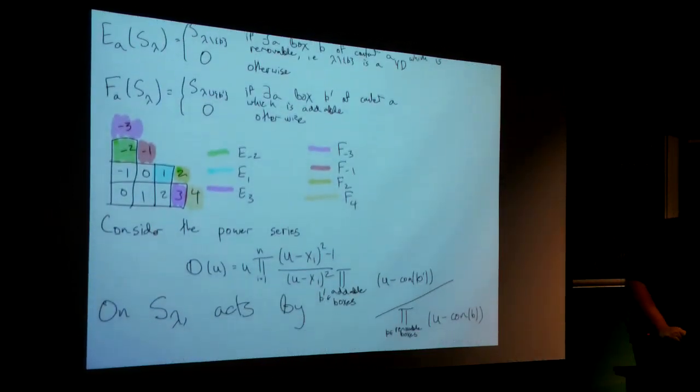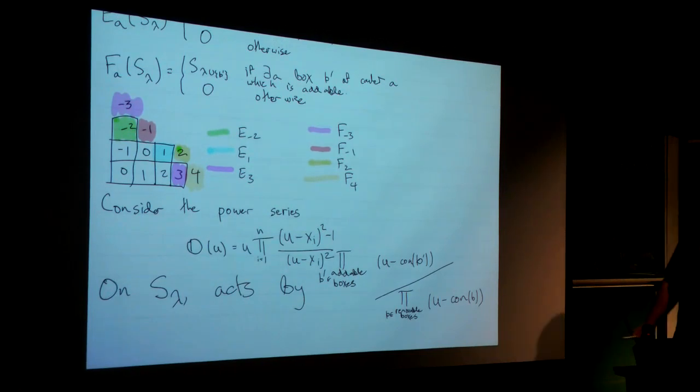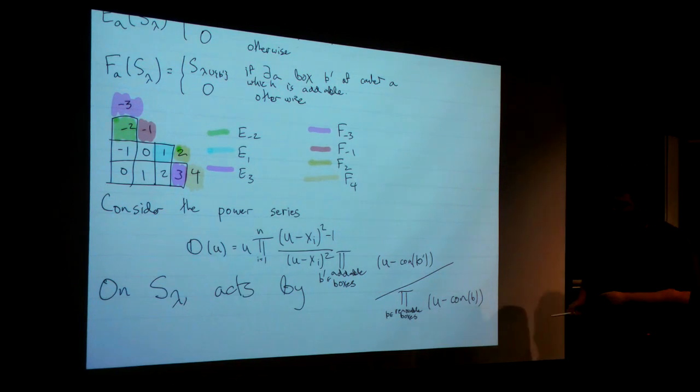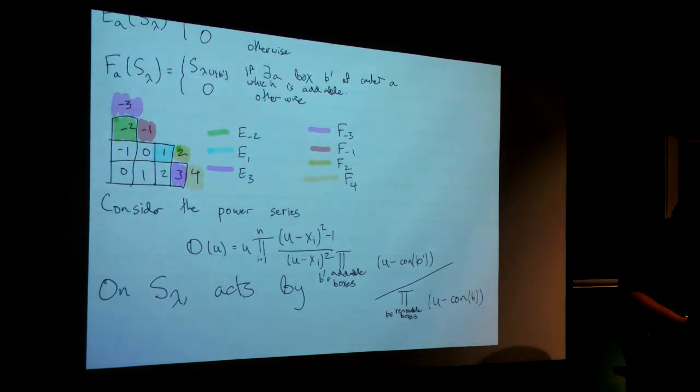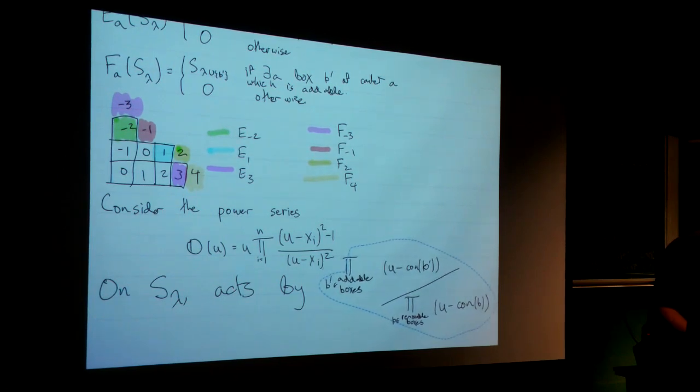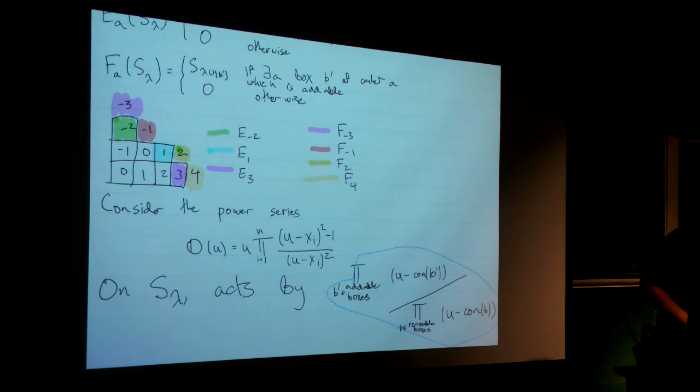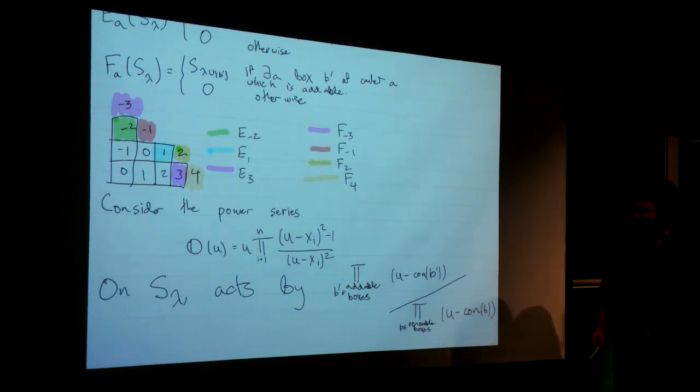And just as I had this power series in terms of the Casimir in the GLN case, it's actually very helpful to think about the power series. It's a little strange.